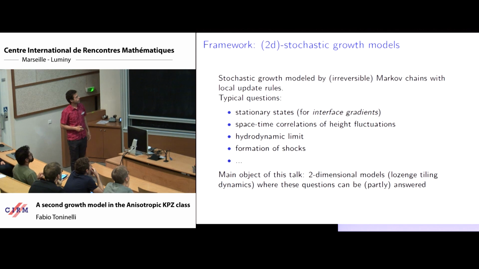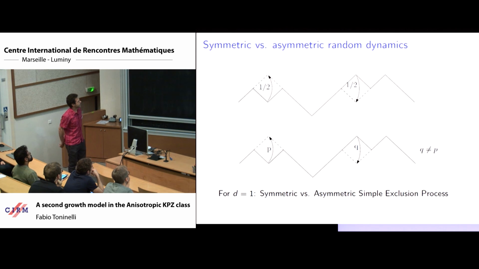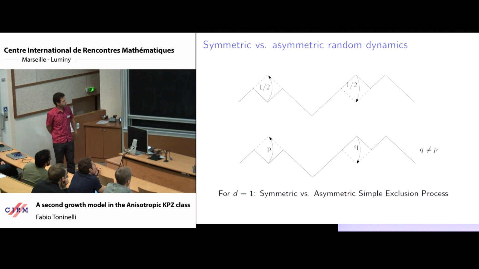All right. So, this slide is no news for anyone, but just to set the stage: in one dimension, the most natural growth process one can imagine is simple exclusion. So you have a path which is just a zigzag, like that, and then I even have a pointer.